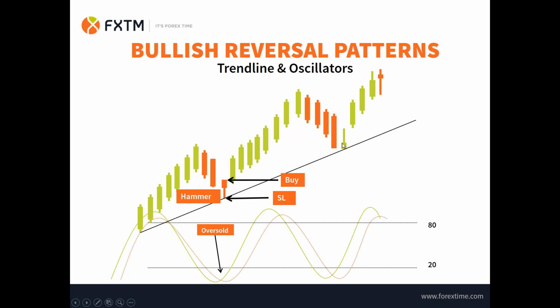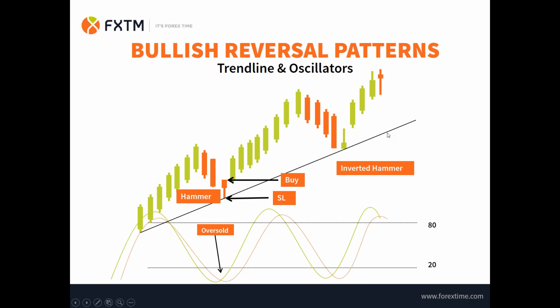And this inverted hammer hits your trend line, so now you feel better, and I feel better myself already. And now you look at your stochastics, it's already oversold, implying that this correction downwards came a long way down, and most probably we're going up at some point in time.